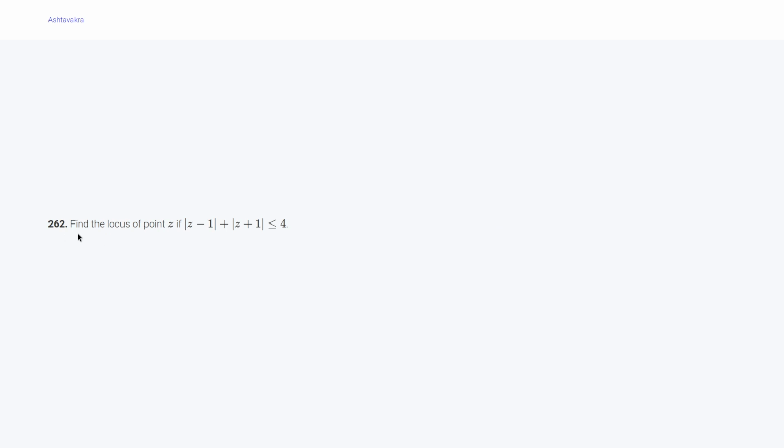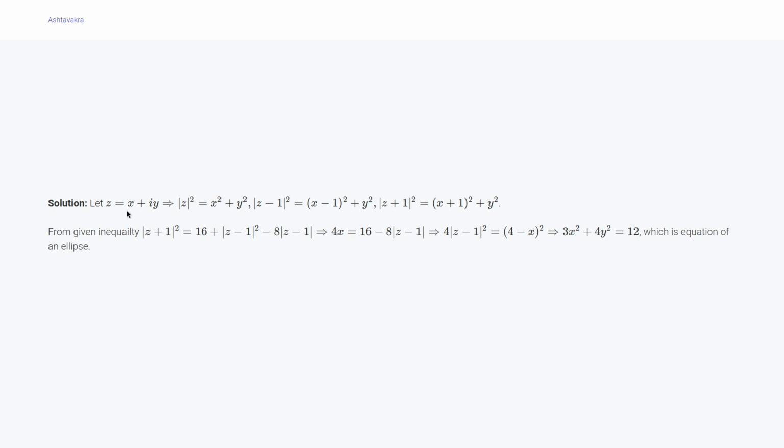Question 262 says, find the locus of point z if mod z minus 1 plus mod z plus 1 less than equal to 4. We let z is equal to x plus iy, then mod z square is equal to x square plus y square. Mod z minus 1 square is equal to x minus 1 whole square plus y square.